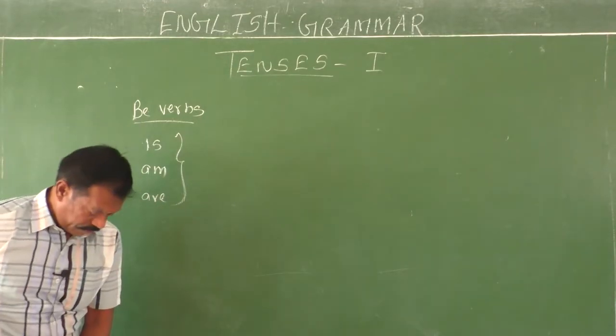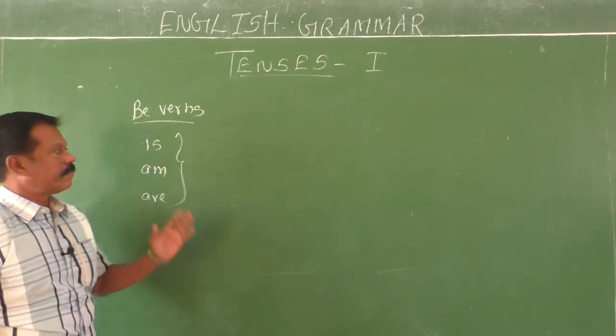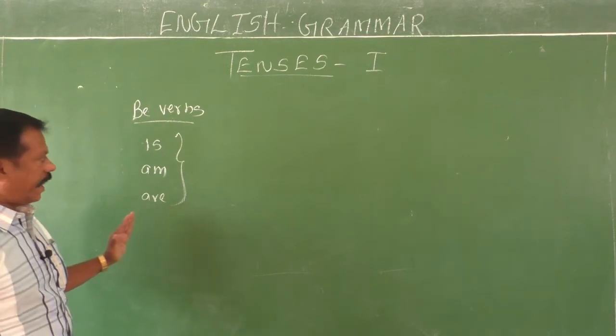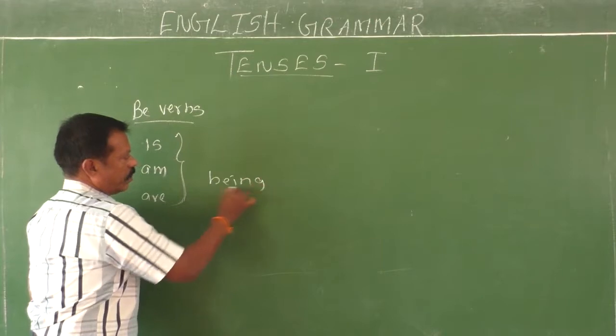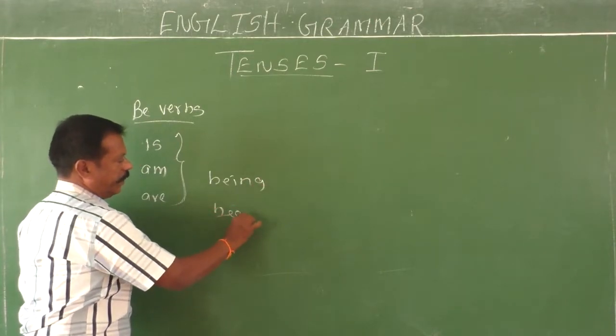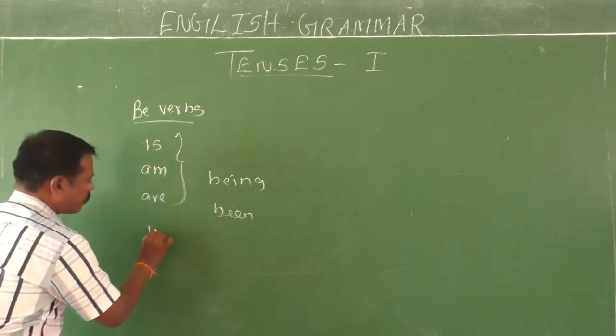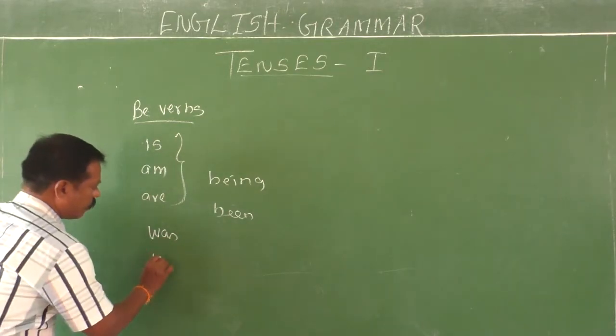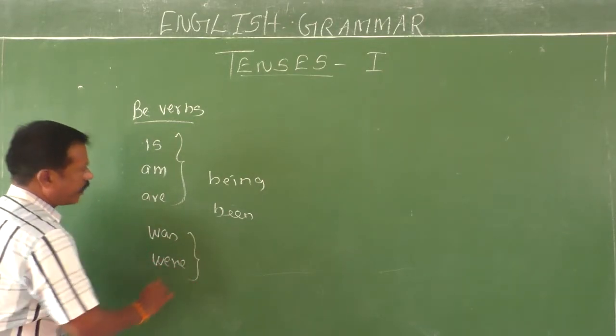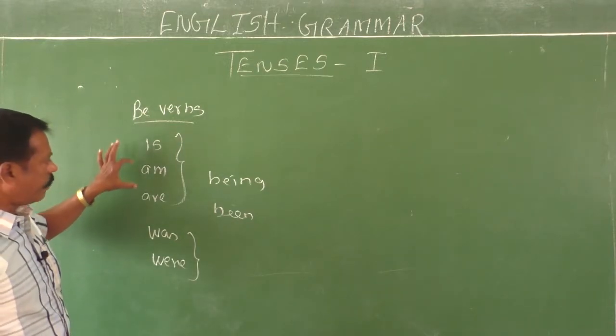They are used to refer to present time. And what is the present participle? Being. What is the past participle? Been. Then the past be form of the verb refers to the past tense: was and were. So is, am, are.